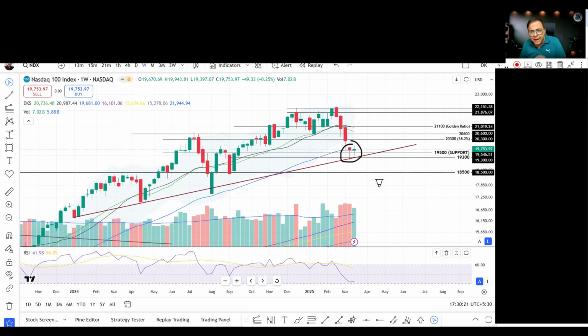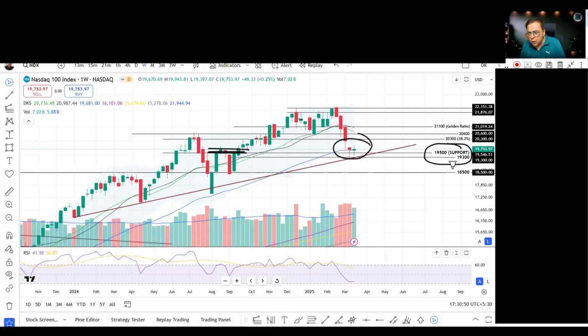But finally, back to back 2 days, it has closed above EMA 55. And earlier also it defended EMA 55, and it seems that it is quite in proximity of important support area, because this area, it was the resistance earlier, which is now acting as a support. So in the last week, what did we discuss? We discussed 19,300 to 19,500 as intermittent support.